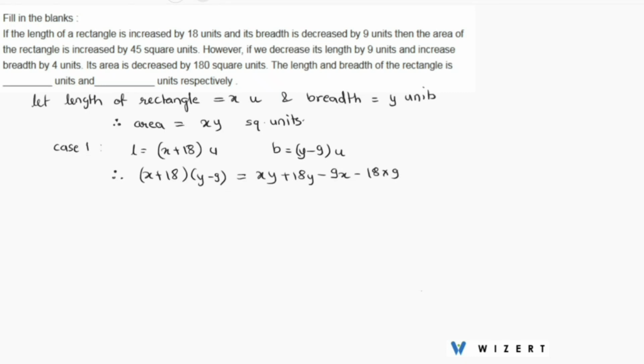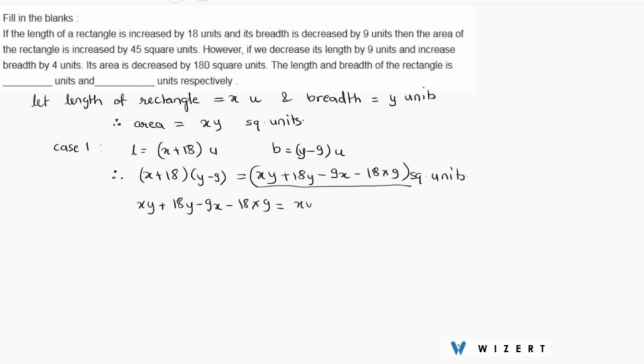Now when we do this modification on length and breadth, we get area increased by 45 square units. So this area is equal to xy plus 18y minus 9x minus 18 into 9.